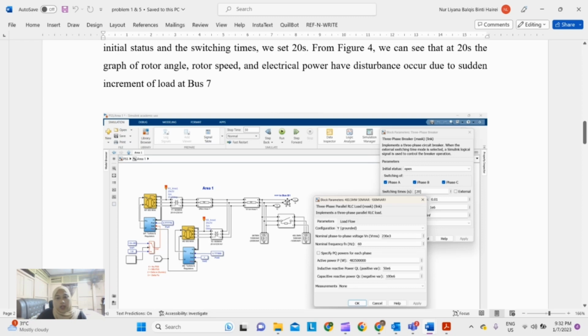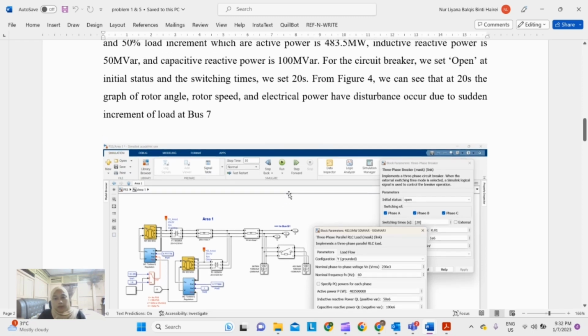For the circuit breaker, we set it open at the initial status, and the switching time we set to 20 seconds. So at 20 seconds, we can see on the graph that the disturbance will happen there.